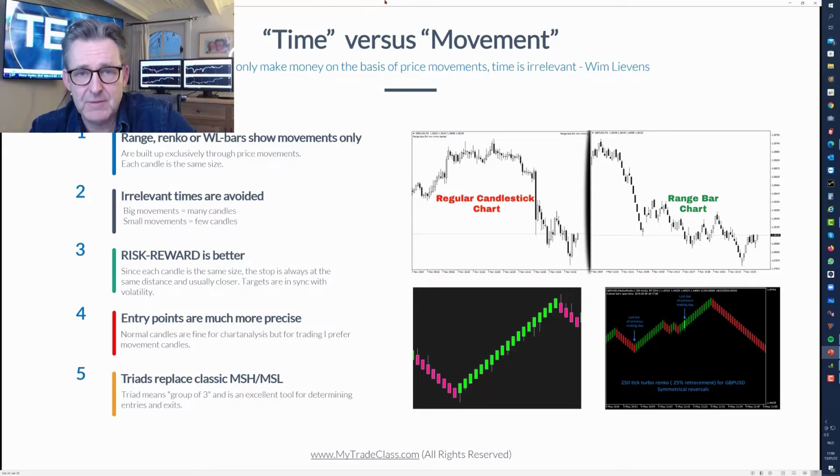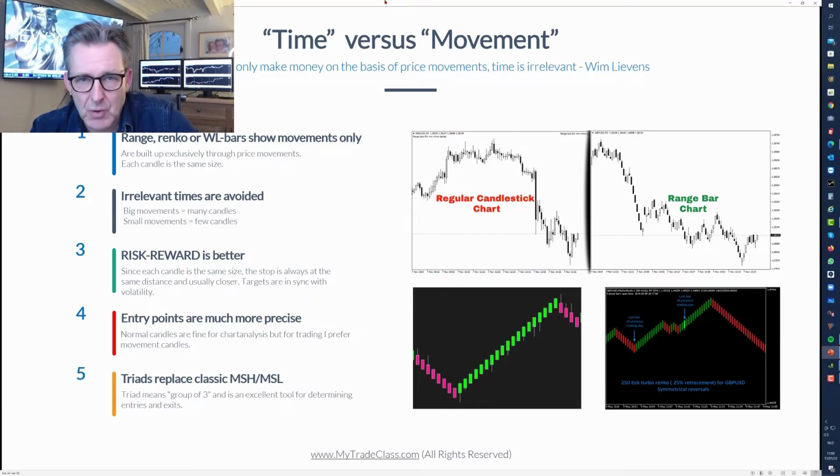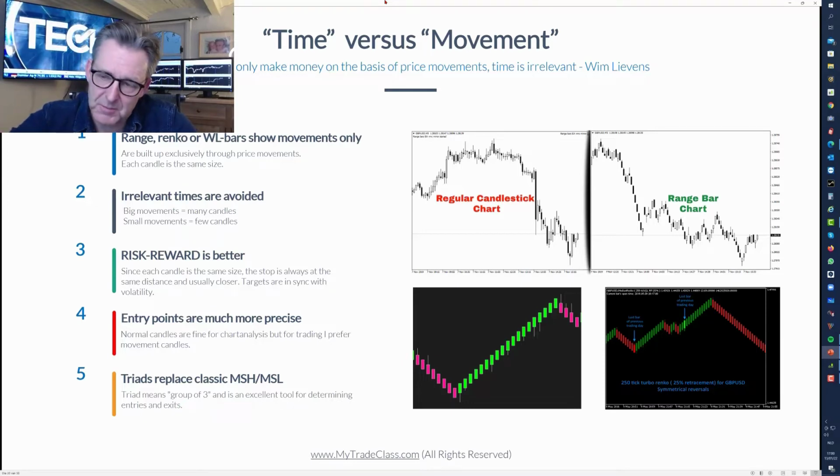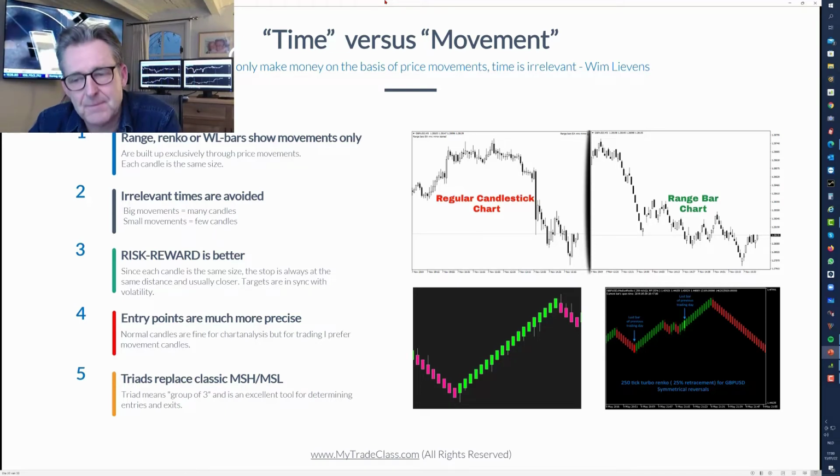I honestly believe that movement bars, I will call them like this, but you know these, Renko, range bars. I created some myself, also for the ProRealTime platform, WL bars, which are a combination of Renko, range, and Heikin-Ashi bars. They combine, I think, the best of these three, but the idea is the same.